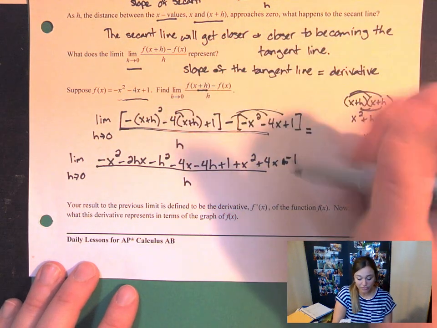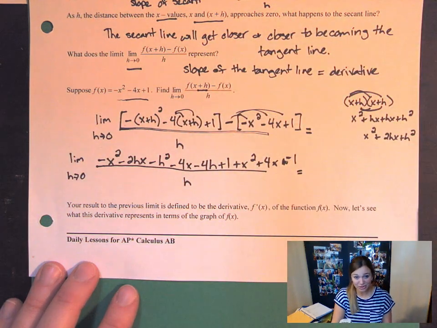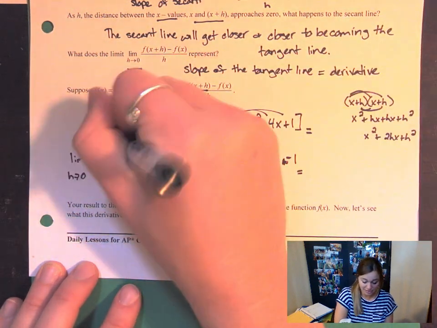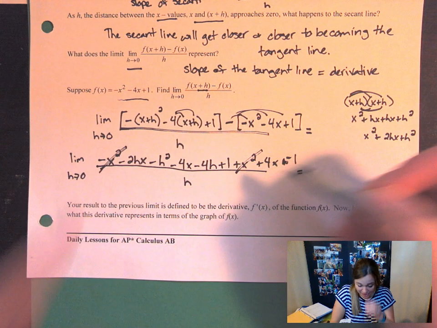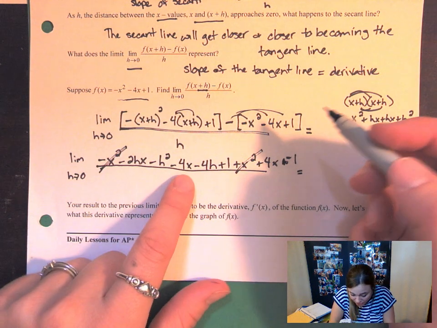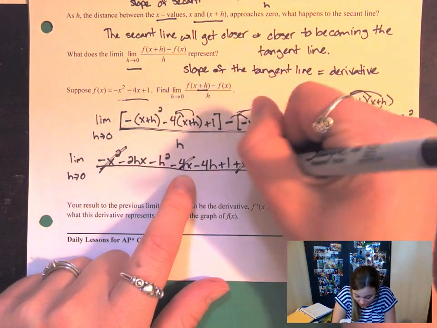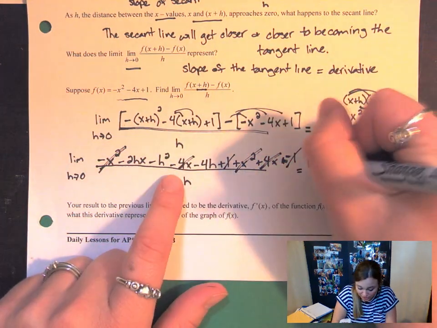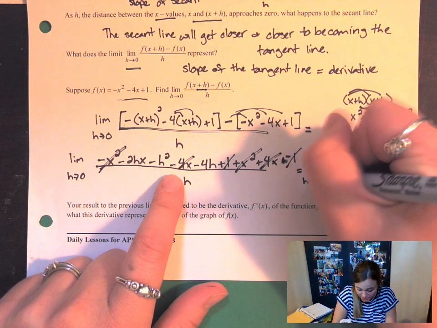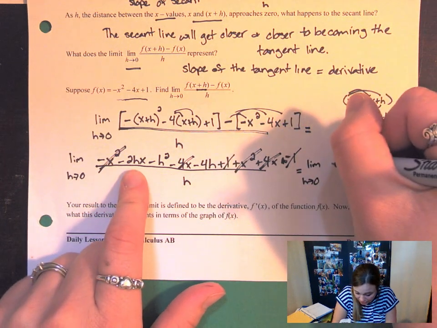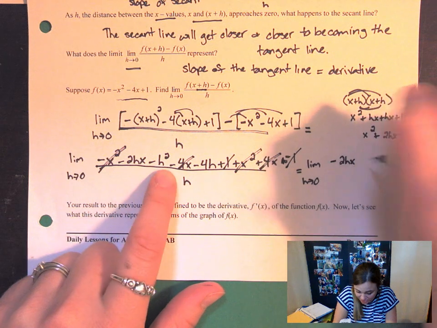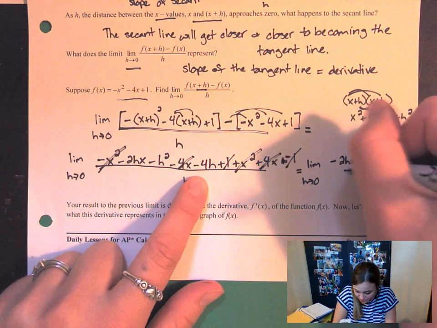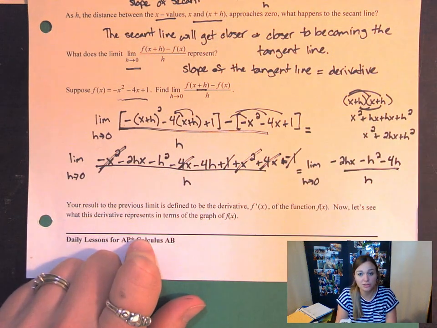So when you expand all of these terms, not only does it look really cool and people are going to think you're smart, but things start happening nicely and cancel out. So I've got negative x squared canceling out. Anything else? Negative 4x, positive 4x, 1 and negative 1. So I would have the limit as h approaches 0 of negative 2hx minus h squared minus 4h over h.